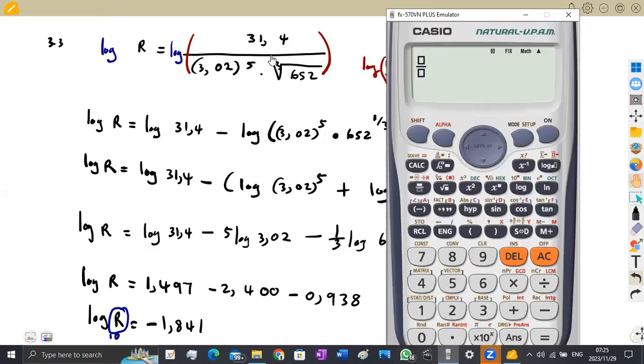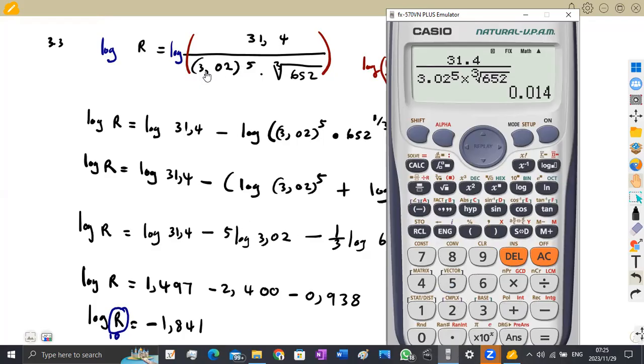So r was equal to 31,4 over 3,02 to the exponent of 5, then multiplied by the cube root of 652.